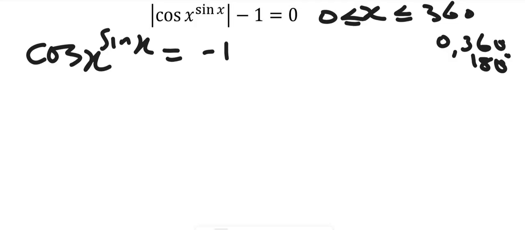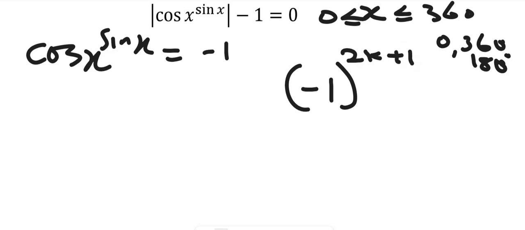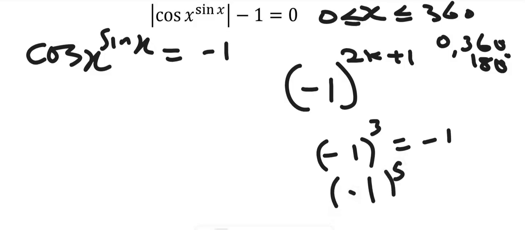Like I said before, this should be 2k plus 1. The power should be odd numbers. So if I say minus 1 to the power of 3, this is still minus 1. Minus 1 to the power of 5, this is still minus 1.